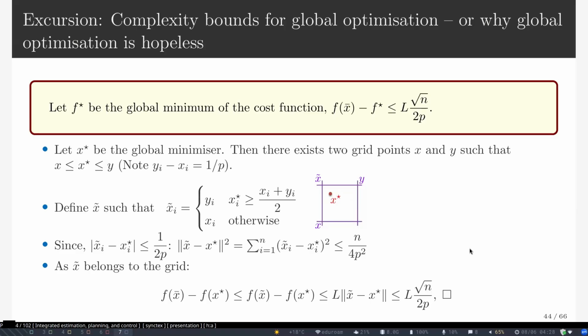And then from here, I know this is bounded by this, bounded by this, because this is really the real minima. And we already knew that that's the square. Okay, very good. Now, what is the use of this exercise? I want to make a point about how hard it is to do global optimization.